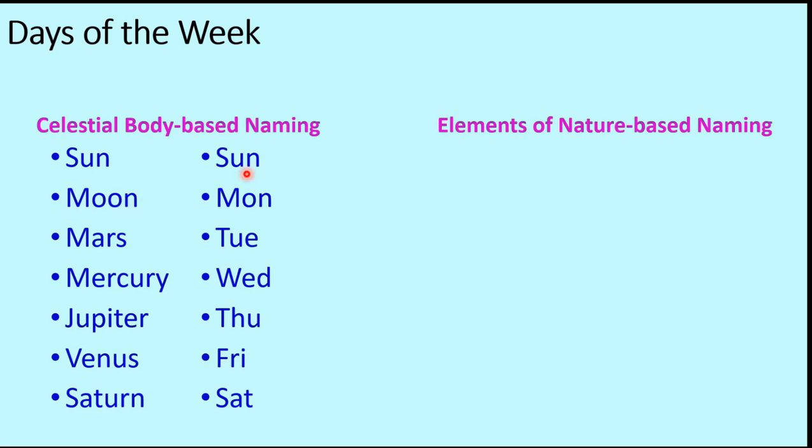Sun corresponding to Sunday, Moon corresponding to Monday, Mars for Tuesday, Mercury for Wednesday, Jupiter for Thursday, Venus for Friday, and Saturn for Saturday.